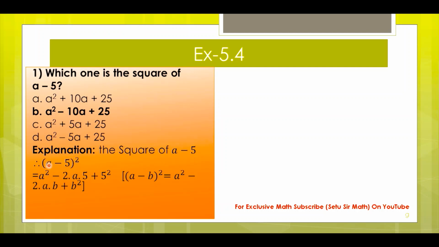That means a will be a, 5 will be b. So we can write a square minus 2 into a into 5, as in the general formula, and 5 square. Now a square, 5 into 2, that means 10a, plus 5 square, that means 25.